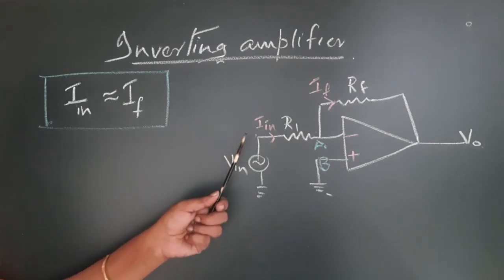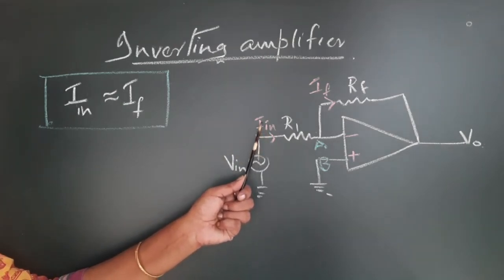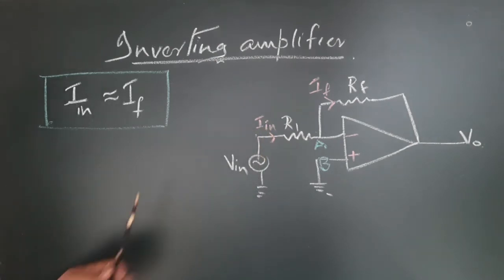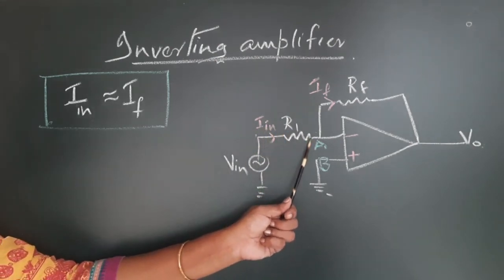Now, the question is, how can we write I in? I in is the current through R1.